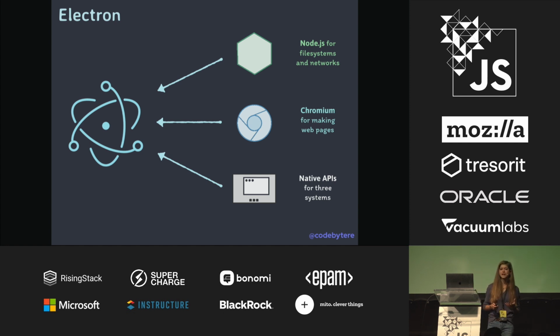It works by integrating Chromium and Node, in addition to a layer of C++ and Objective-C, which allows it to create fully formed GUIs, as well as take advantage of file system and networking capabilities with Node. Typically, desktop applications for an operating system are written in the native language for each.